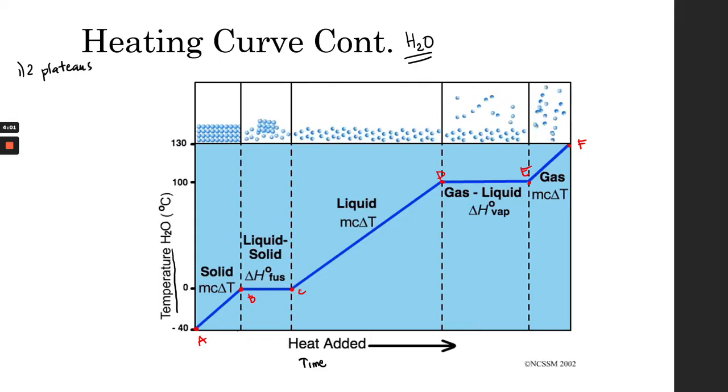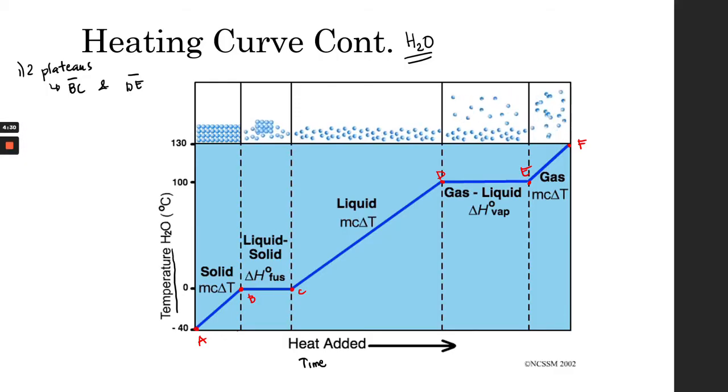There are two plateaus happening in the heating curve, and you can see them at segments B and C and segments D and E. Later, we'll be discussing what is happening at these plateaus. Another thing that I want you to see is that as we add more heat onto the system, the temperature increases. That's how we know that this is a heating curve.